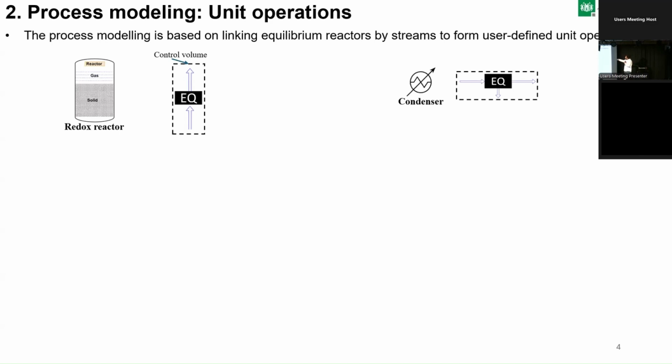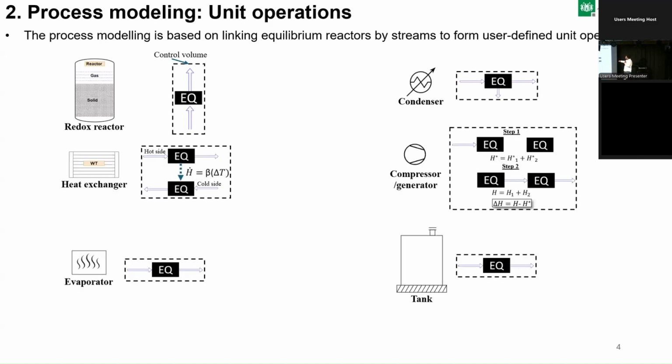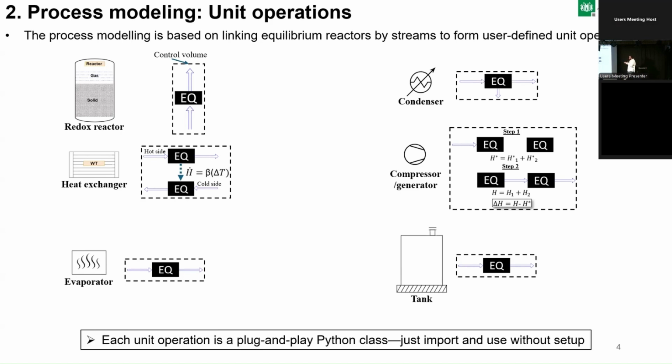And by combining several unit operations by streams, we can create at the end a big flow sheet. As can be seen here, we developed user-defined unit operations, for example, redox reactor, condenser, heat exchanger, compressor / generator, evaporator, and liquid tanks. And the most important thing is that this is done one time.